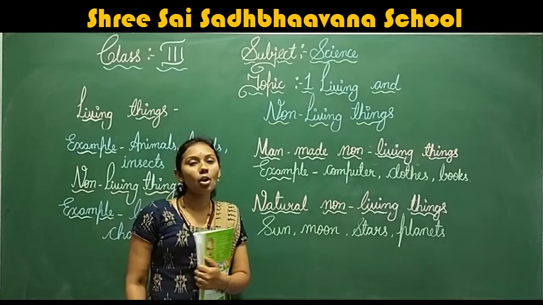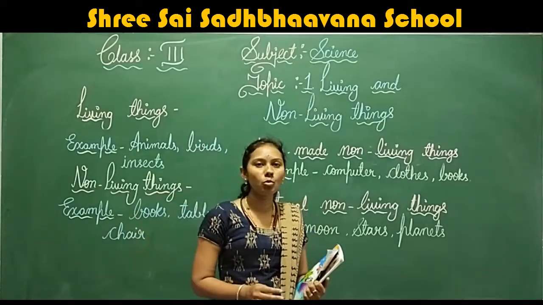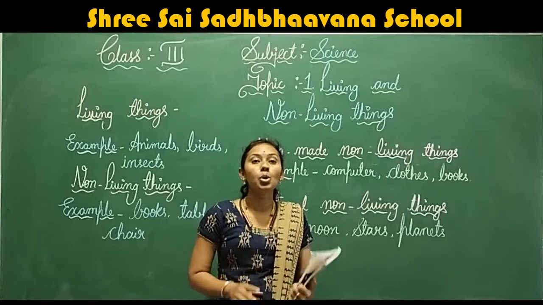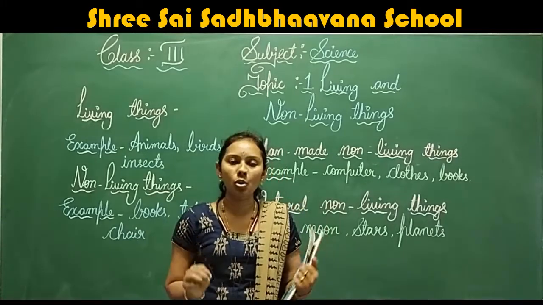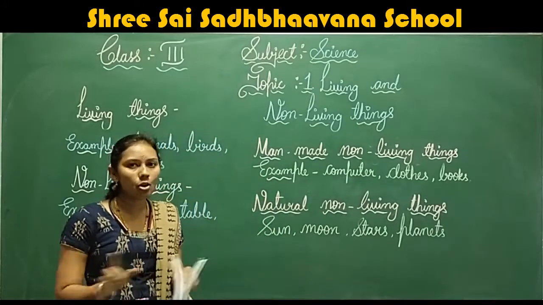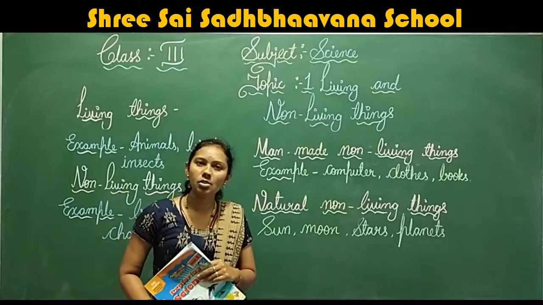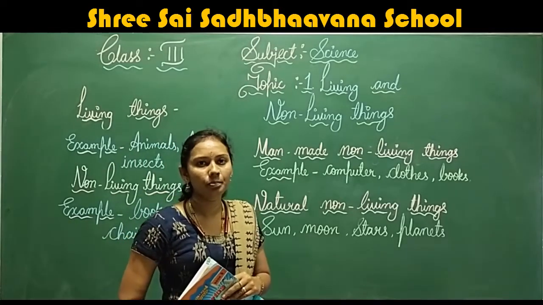Right, children? Without anybody's help, they don't move from one place to another place. So these things are called non-living things, the things which do not move from one place to another place.